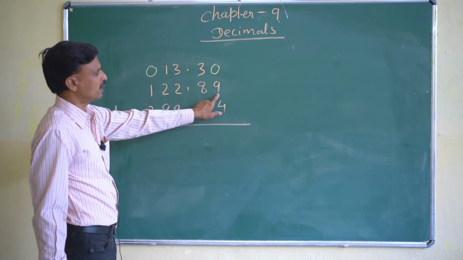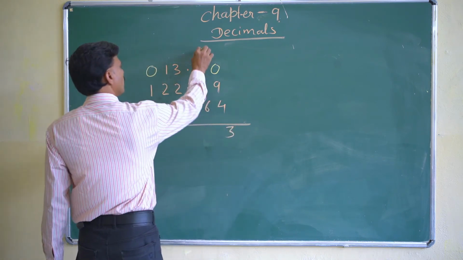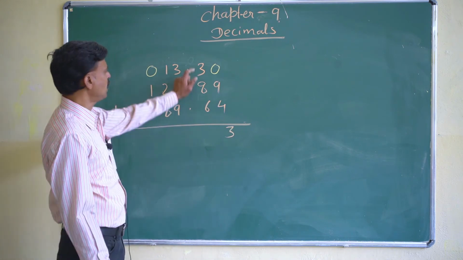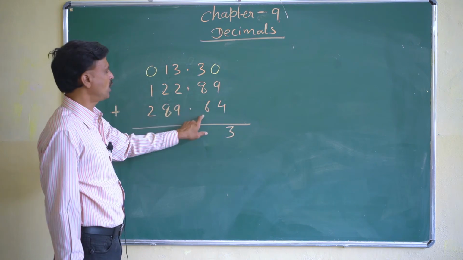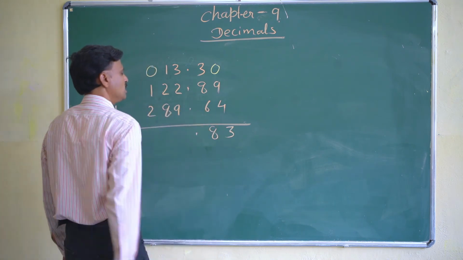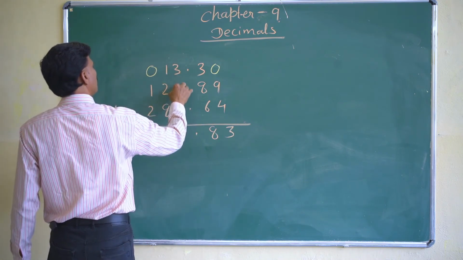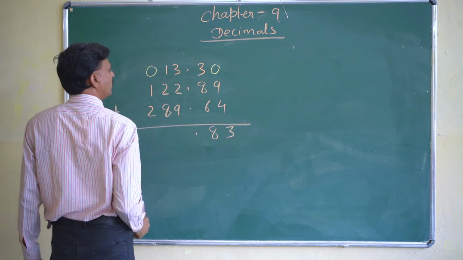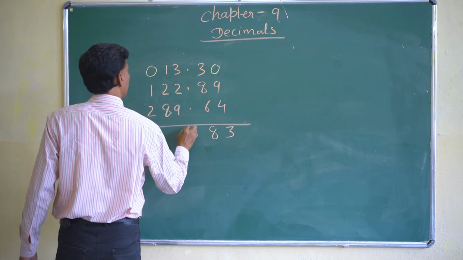So 0 plus 9 is 9, 9 plus 4 is 13. 3 will come, 1 will be carried. So this will be 4, 4 plus 8 is 12, 12 plus 6 is 18, right? So 8, 1 will be carried, then 5 plus 1 is 6, 6 and 9, that is 15. 5 will come.